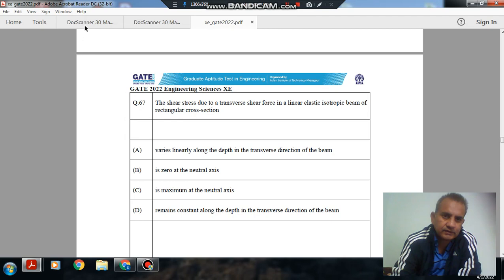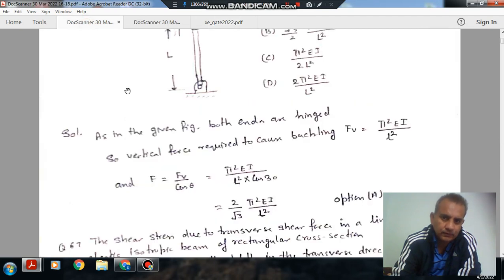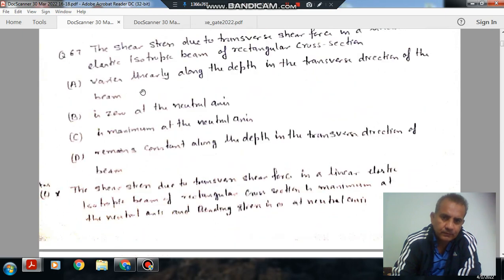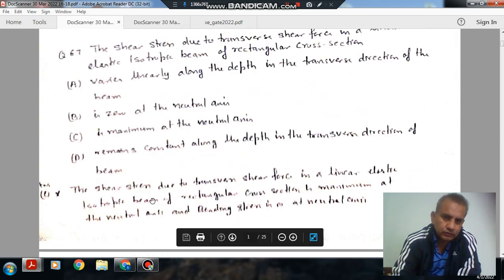So shear stress in case of transverse shear force is maximum at the neutral axis, and the neutral axis is named so because here the bending stress is 0.